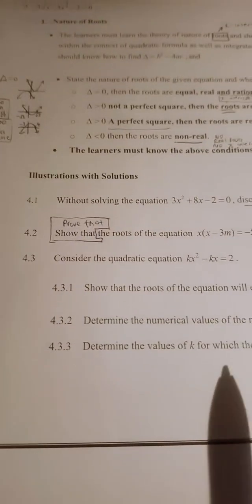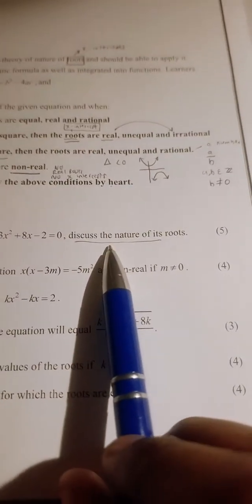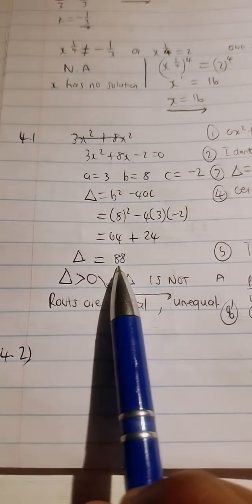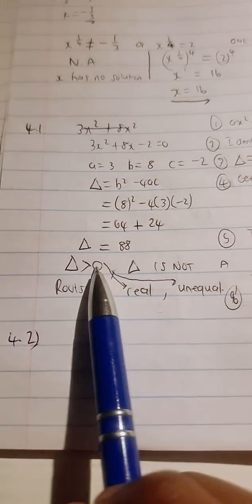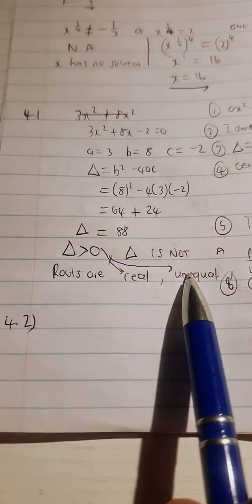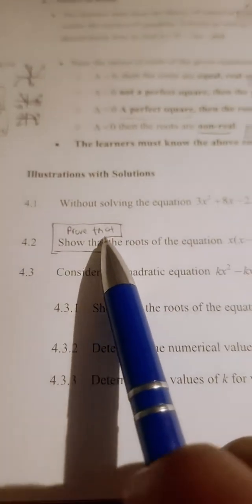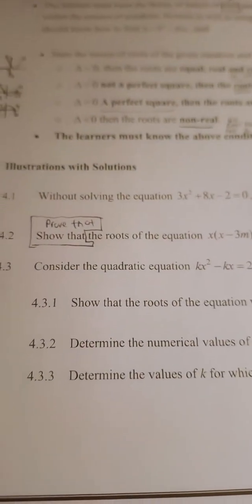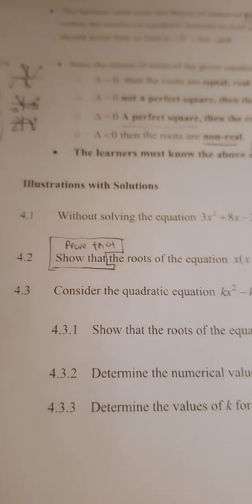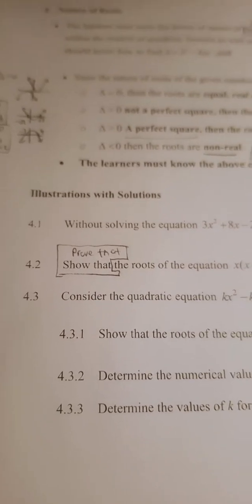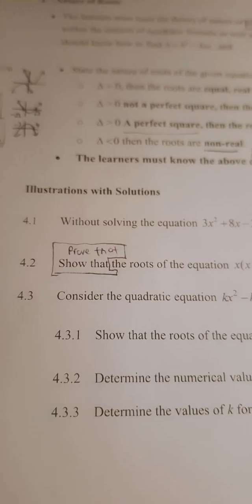The only difference between show that and discuss the nature of roots is that in discuss the nature of roots, in most cases your delta is equal to a number. Then you comment on delta and then on the roots. In the prove that or show that questions, when you get to your delta value, it is not just a numerical number.